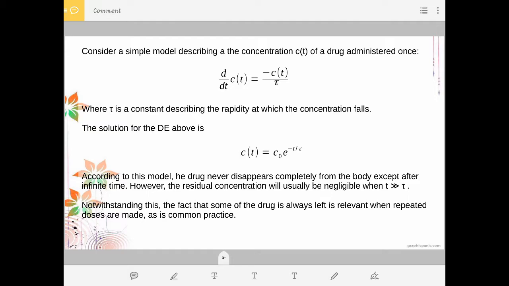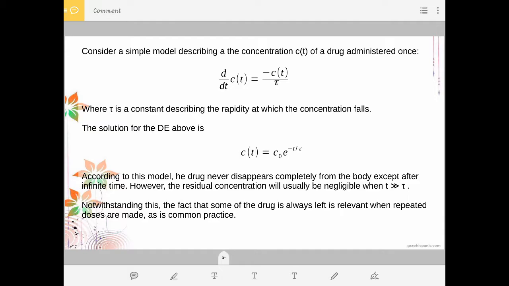After a very, very long time, since it's asymptotic, it's very close to 0 but not equal to 0, but it can be negligible. For all intents and purposes, it becomes negligible.